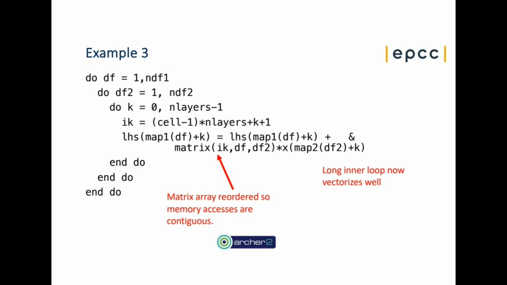The thing that is bad is passing non-contiguous subarrays around. If you pick non-contiguous subarrays out of multidimensional arrays and pass those around, that tends to be bad because the compiler has to make temporary copies. So there can be a lot of implied copying going on. But just plain old array syntax is fine.